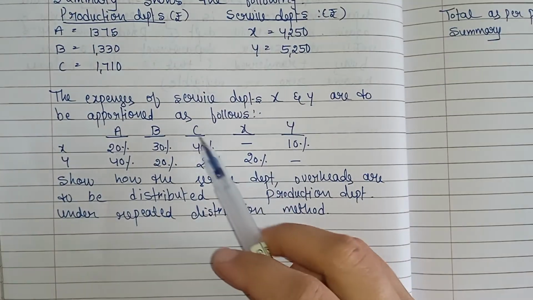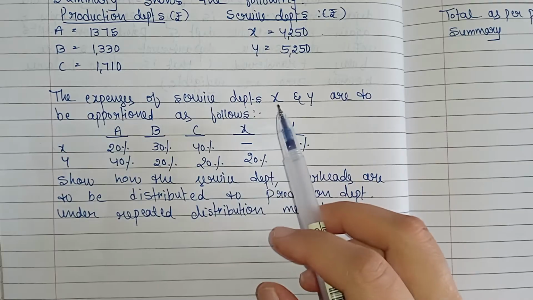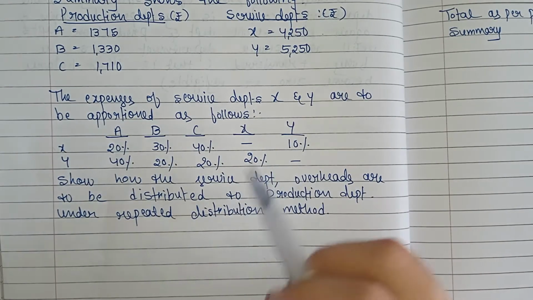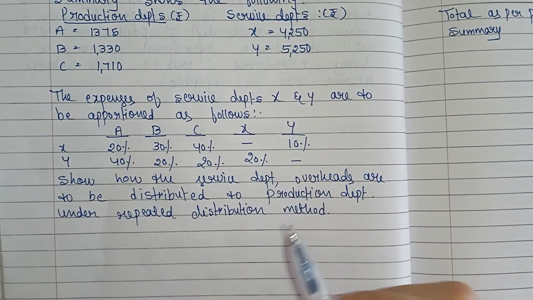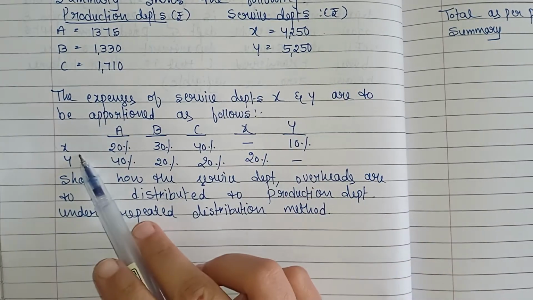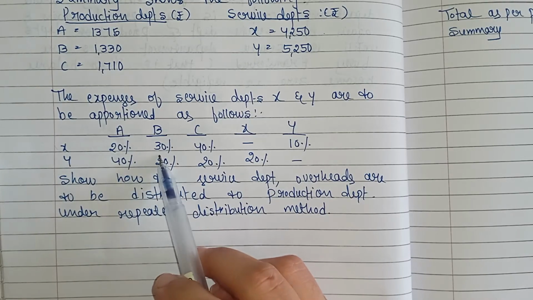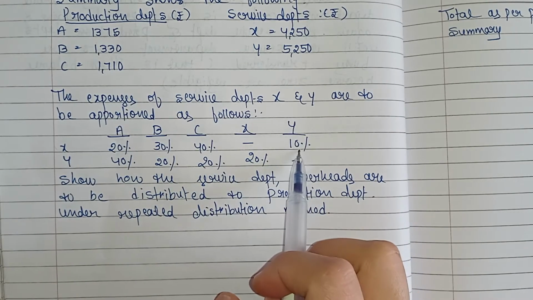The expenses of service departments X and Y are to be apportioned as follows. X for A 20%, B 30%, C 40% and Y 10%.